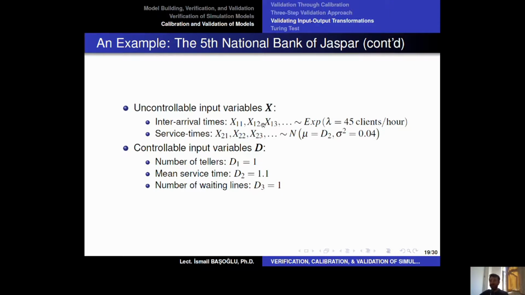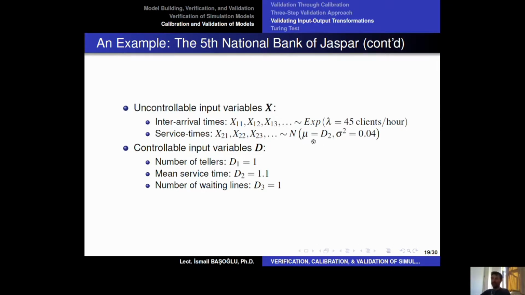So X12 means we are talking about the inter-arrival time of the second client. All of these are exponentially distributed with lambda being equal to 45, which means the average being equal to 1 over 45. And the service times are represented by X2, and X21 is the service time of the first client, X22 is the service time of the second client, so on and so forth.